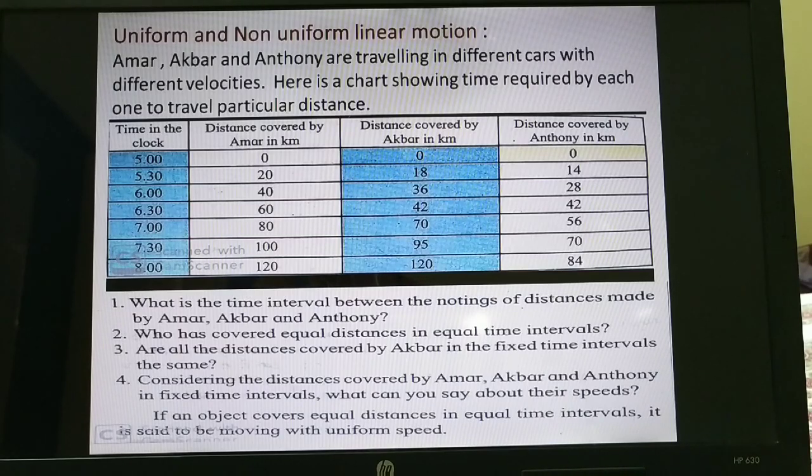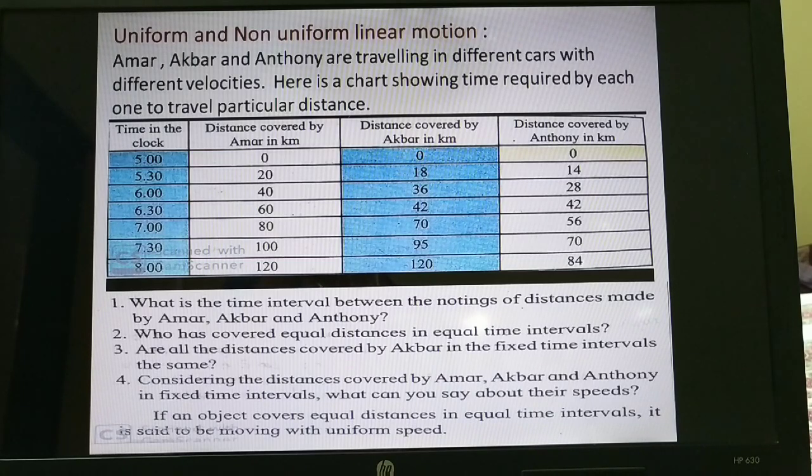There are some questions here. What is the time interval between the notings of distance made by Amar, Akbar and Anthony? You have to answer these questions. Who has covered equal distance in equal time interval? Are all the distances covered by Akbar in the fixed time intervals the same?